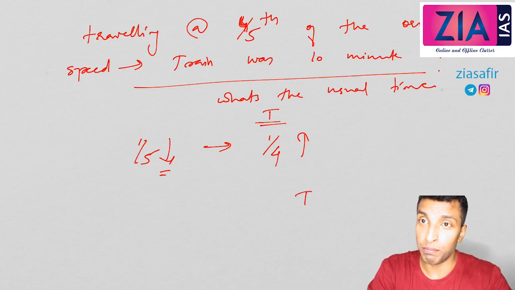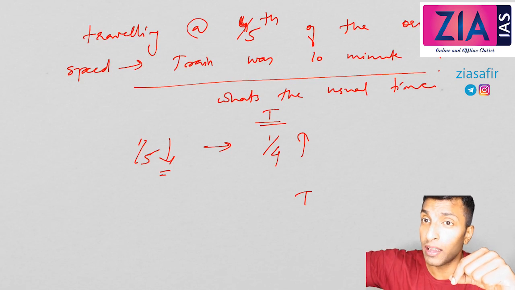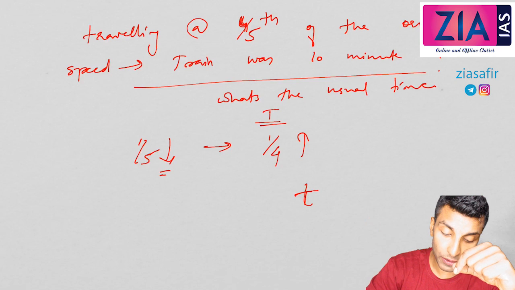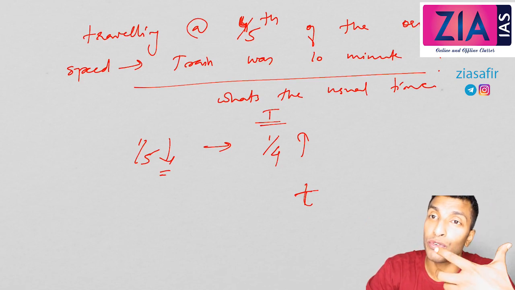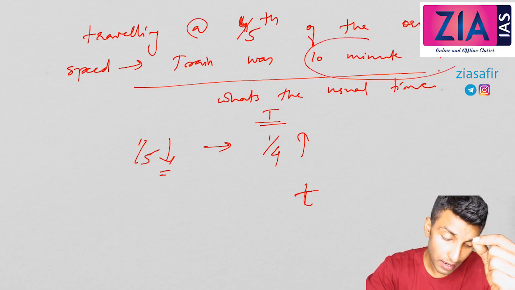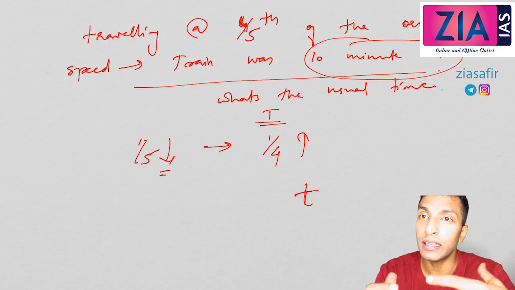Just like I told you before, if the initial consumption was 60 kg, it should have increased by 1 by 4 to 75. Similarly, if the original time is t, there should have been an increase of 1 by 4, and that increase is given: the train is 10 minutes late, which is the increase in time.